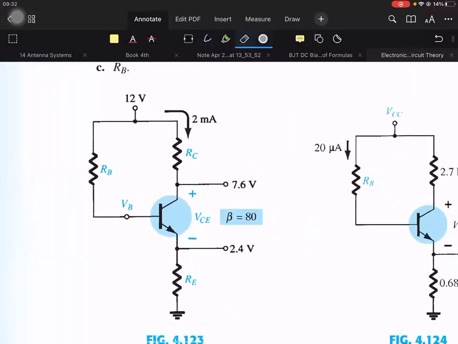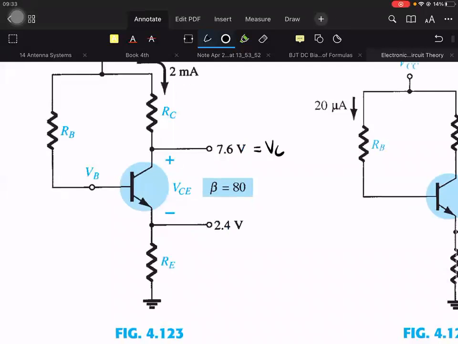So before I proceed, class, a word of caution. Here 7.6 is VC, right? VC na siya. The 2.4 volts is what we call VE. VC means voltage measured from collector to ground.